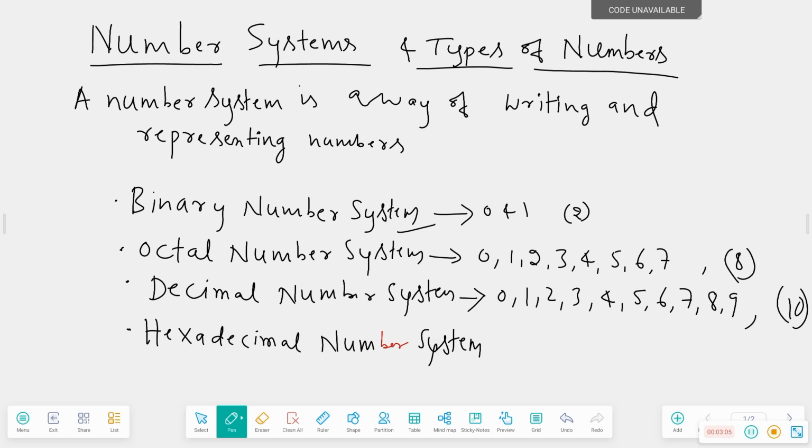And in hexadecimal number system we are using 16 digits, they are 0, 1, 2, 3, 4, 5, 6, 7, 8, 9, 10.